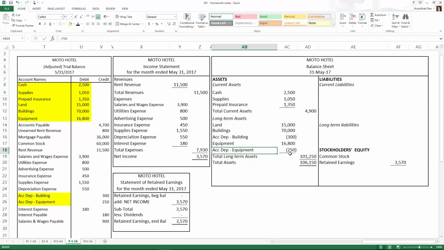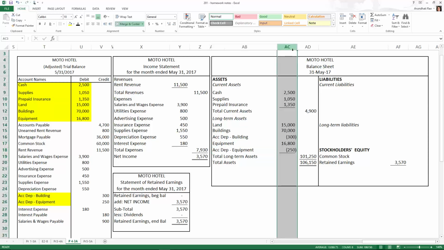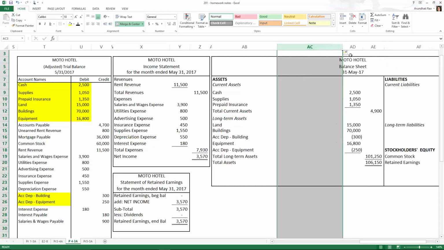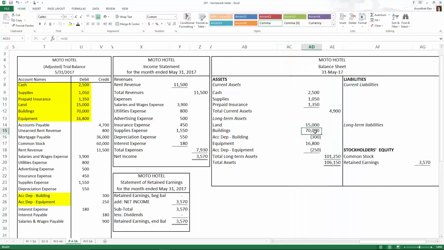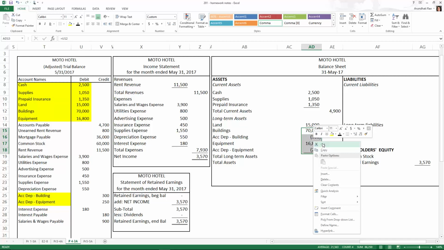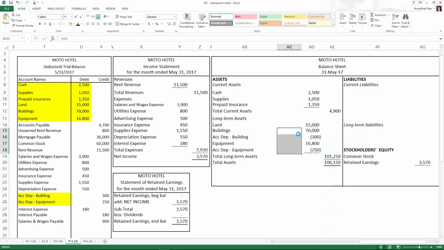What would have been better, and I'm going to do this over here, just bear with me for a second. I'm going to move these numbers into yet another inside column here.